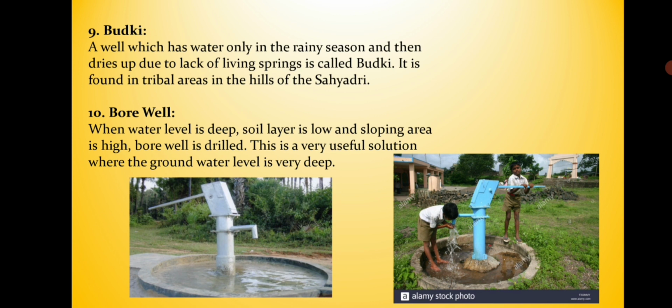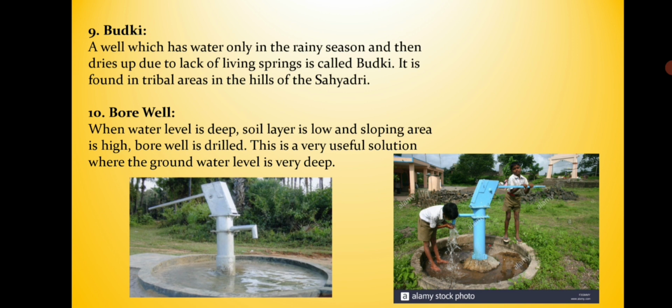So this is a very useful solution where the groundwater level is very deep. But unfortunately the measure is currently being misused due to the benefits like low cost, less space required and less time and machine work, etc.